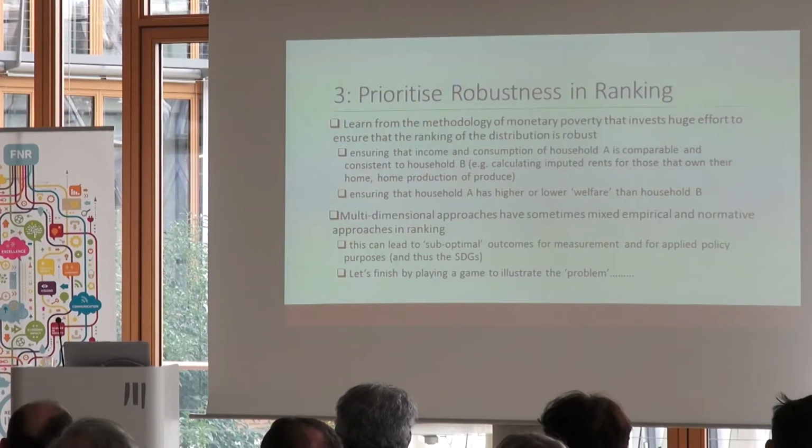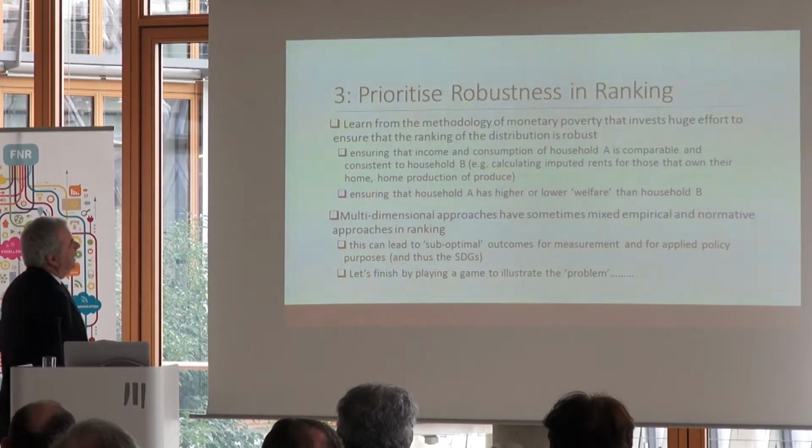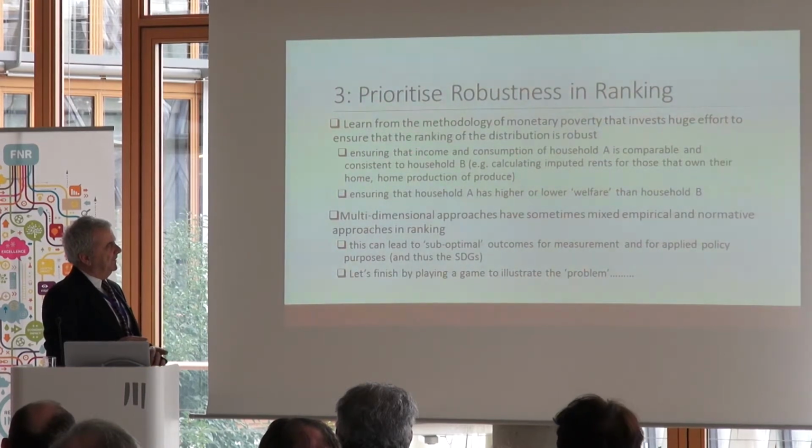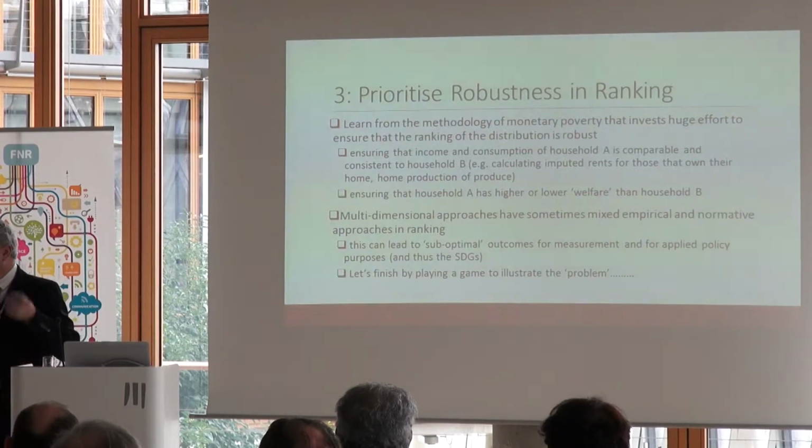And it's best if that ranking is based on a robust assessment of whatever you want to call it, welfare, well-being. Now, when we do income and consumption poverty, in the past 30, 40, 50 years, there's been a huge amount of effort in how to do that consistently to get that consistent ranking.